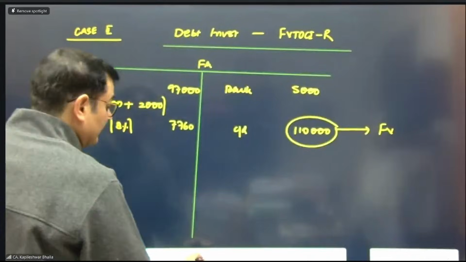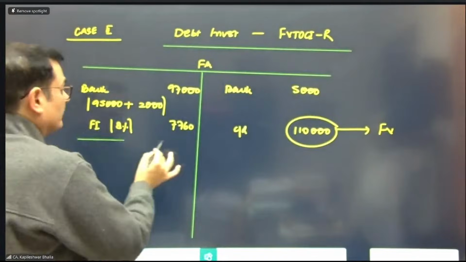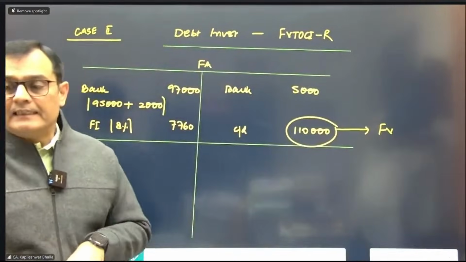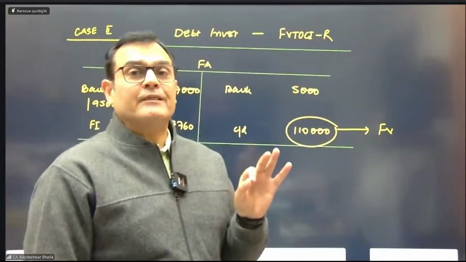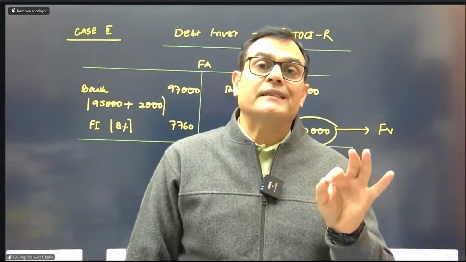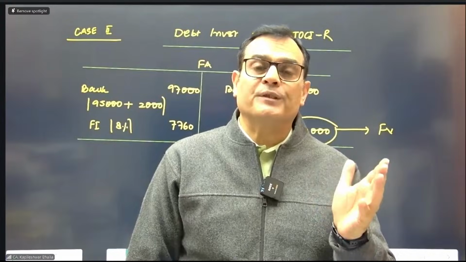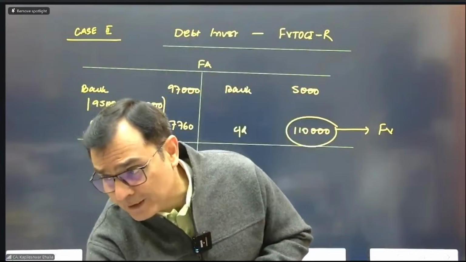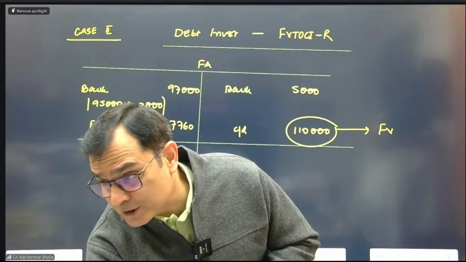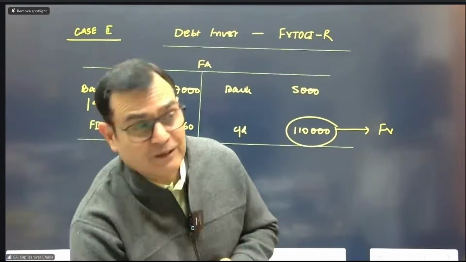Now, would you like to make a guess? Where will you capture the fair value change in this case? Since we are considering FVTOCI, any fair value changes at the end of the year is going to be taken where? I'm sure you can define that. Where will we capture the same? And that's right, it goes in the other comprehensive income in this case.